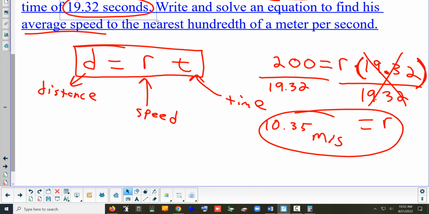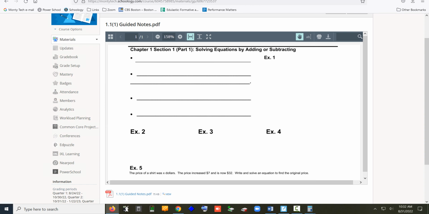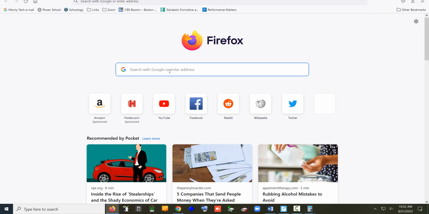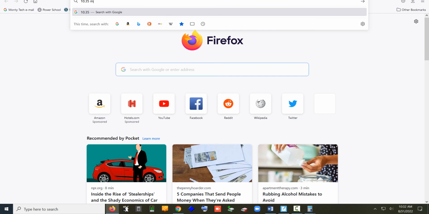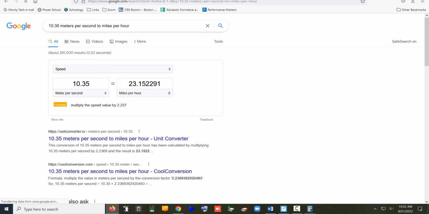That's his speed. For us, we're more familiar with miles per hour. We're not really as familiar with meters per second. So just to give you an idea of how fast that is, let's convert it and see. 10.35 meters per second to miles per hour.